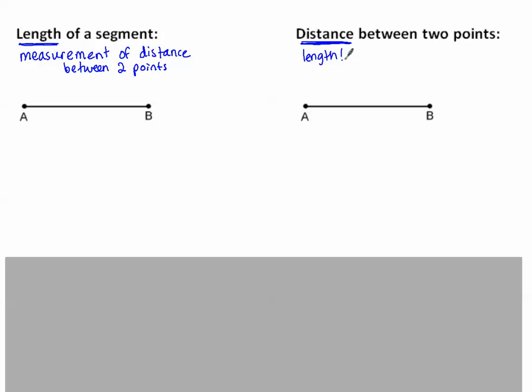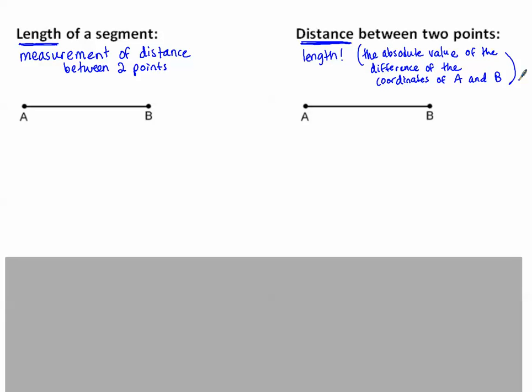Now, technically, distance is the absolute value of the difference between the coordinates of the endpoints, or in this case, the absolute value of the difference of the coordinates of A and B, since A and B are the endpoints in our picture.